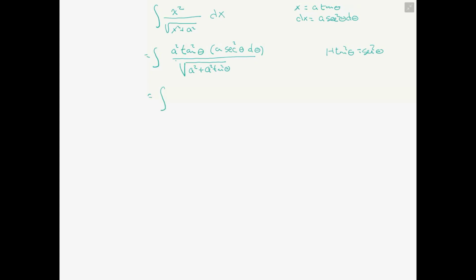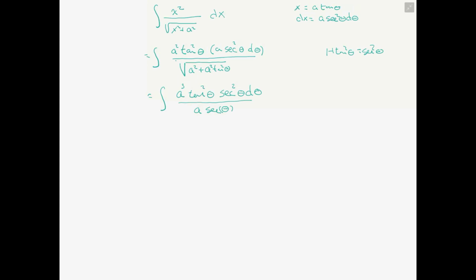So the denominator is simply the secant of theta. So we have a squared, or a to the third, tangent squared theta secant squared theta d theta, over a secant theta.